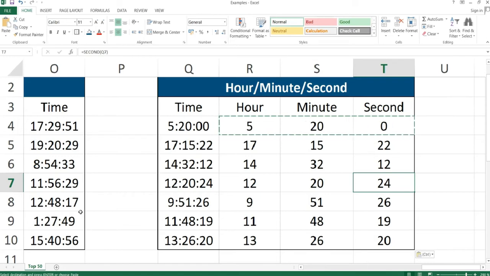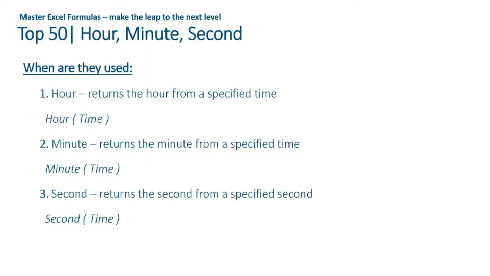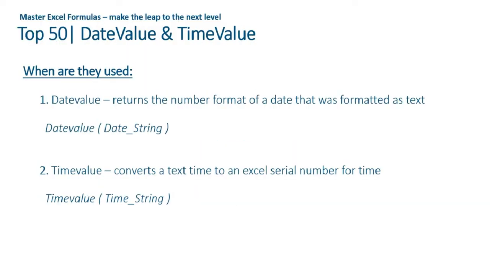It's really good to know them and have them in mind, because when you analyze big sets of data, they can be very useful. The next set of formulas are the date value and time value. The date value will return the number format of a date that was formatted as text.